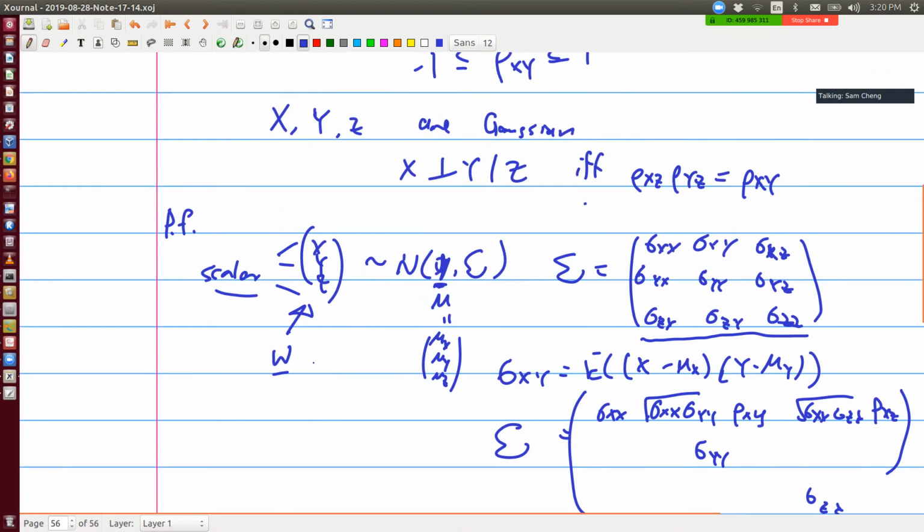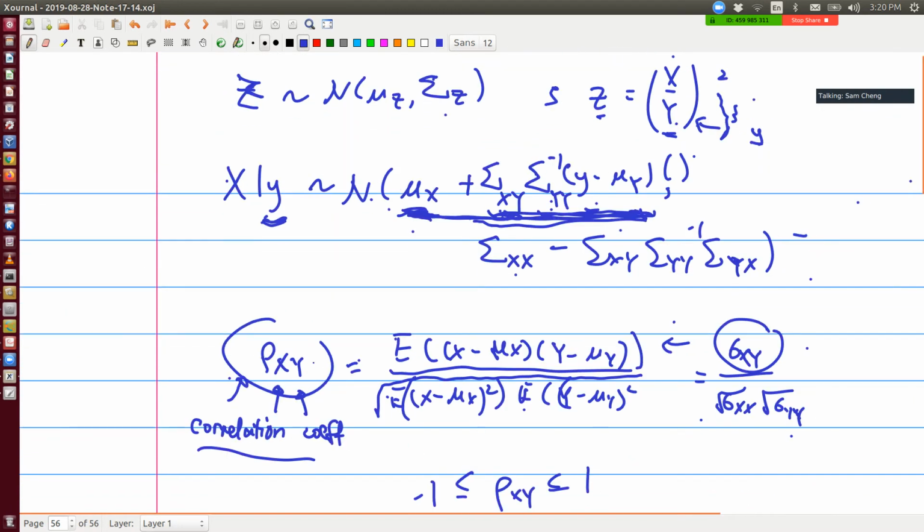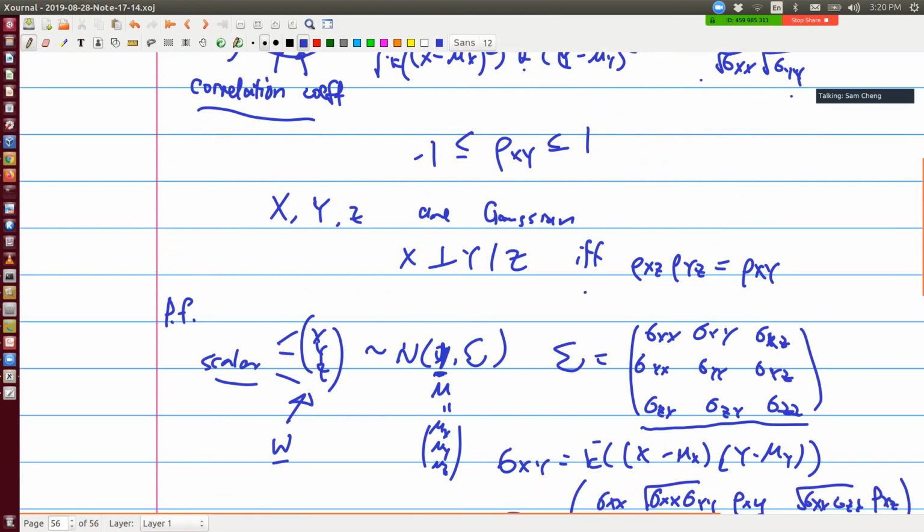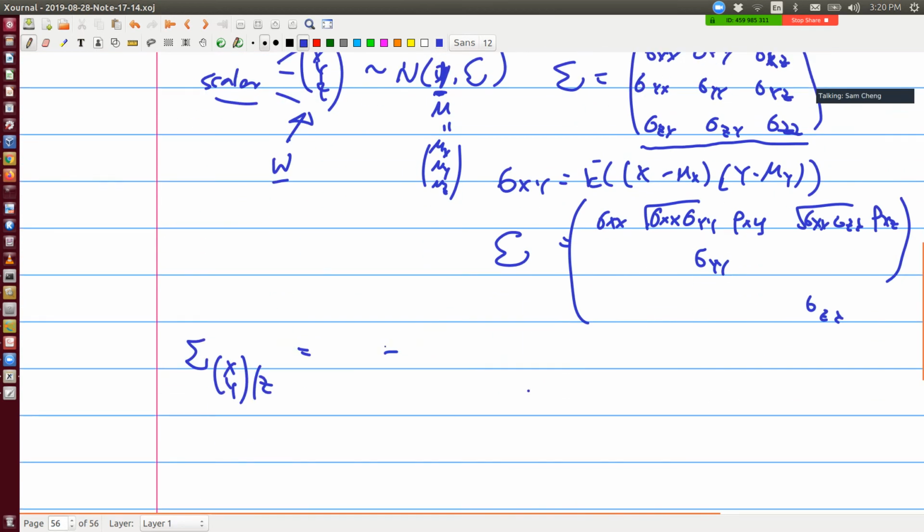From what we had earlier, this should be equal to sigma xx minus sigma xy, sigma yy inverse, sigma yx. This comes from up here.